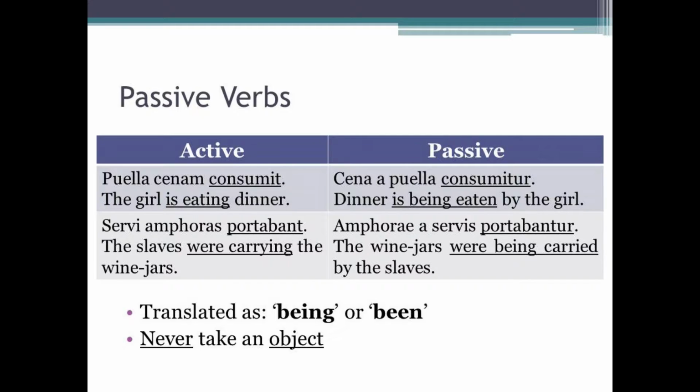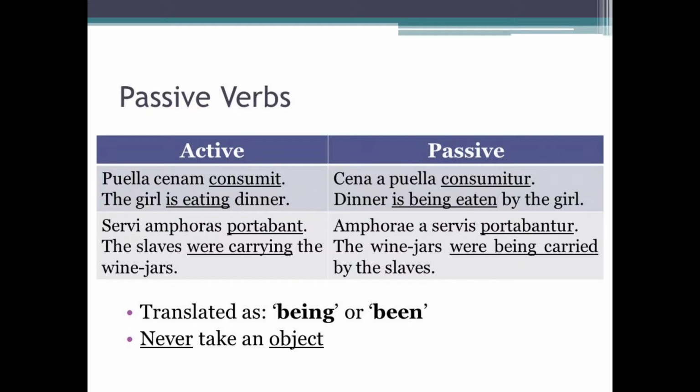Passive verbs. So in Book 1, you met verbs such as consumit, meaning he or she is eating, and portabant, meaning they were carrying. And these are ordinary, active forms.